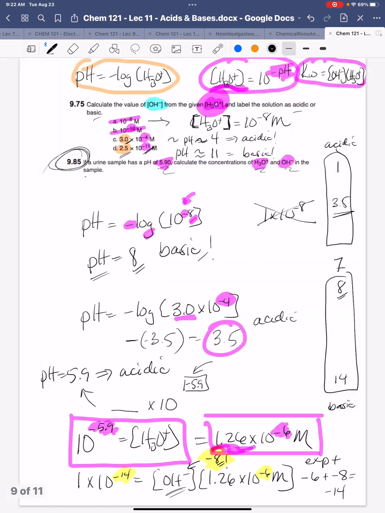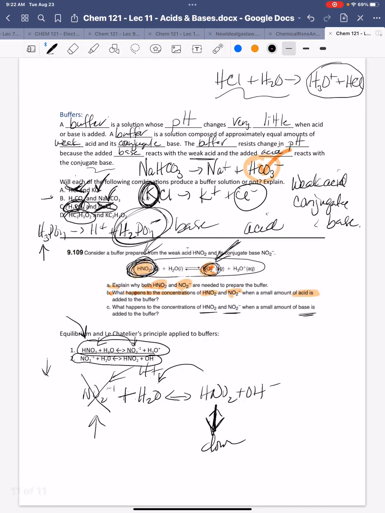CH3COOH, there it is, and this just puts the hydrogen out front. And then KC2H3O2. So what you're seeing there is C2H3O2, and there's your spectator ion. So this is a good candidate because it has both. So there's two opportunities to have a buffer system here. Again, it has to have a weak acid and its conjugate base.